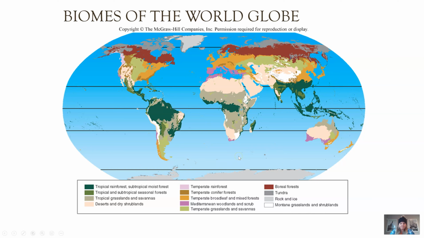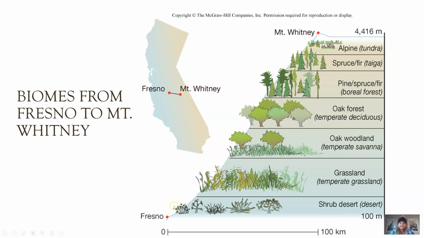And we're down here at 100 meters. So between 100 meters in elevation to 4,416 meters of elevation, there is a huge amount of growth that can happen as far as a biome and ecosystem is concerned.